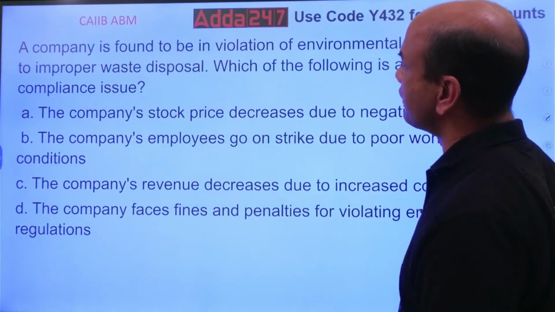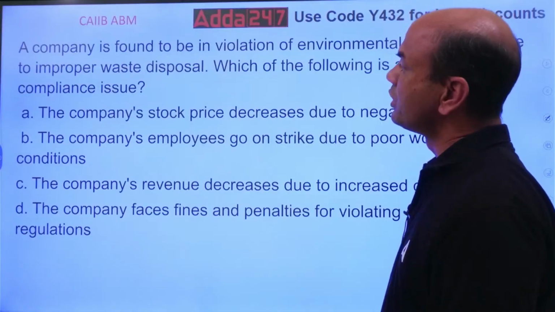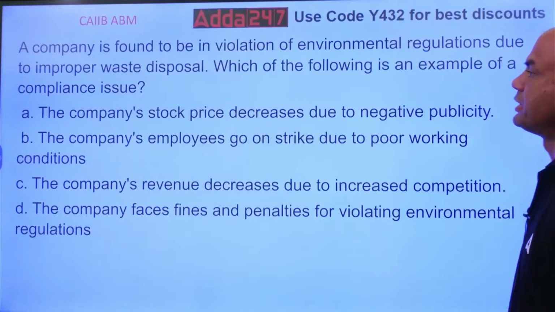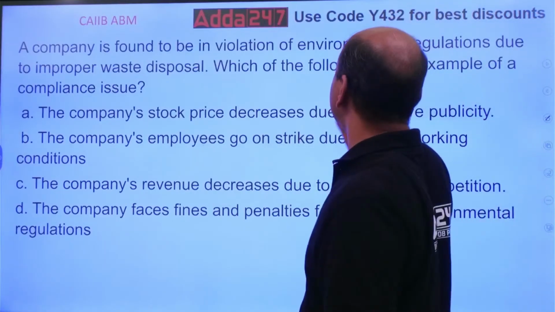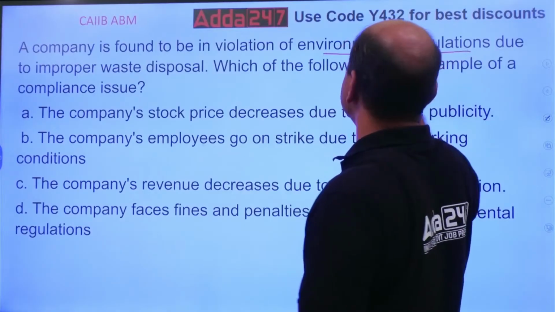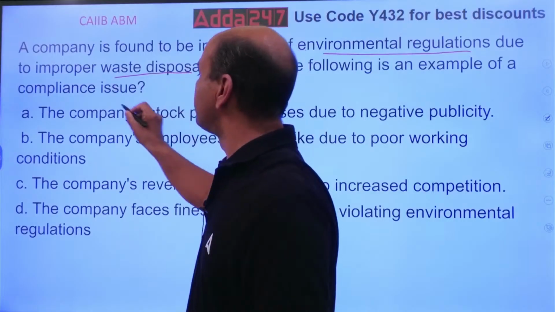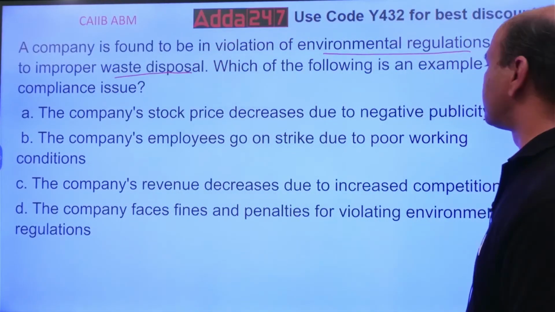A company is found to be in violation of environmental regulations due to improper waste disposal. Which of the following is an example of a compliance issue? The company's stock price decreases due to negative publicity.